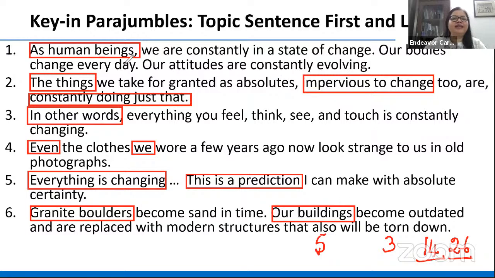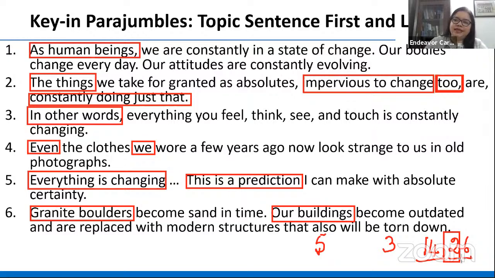The clue is in the word too. Sentence 2 gives me this word. Things that we take for granted as absolutes, impervious to change, they too are changing. This clarifies to me that 2, 6 as an example should come later, should be placed second. Why?